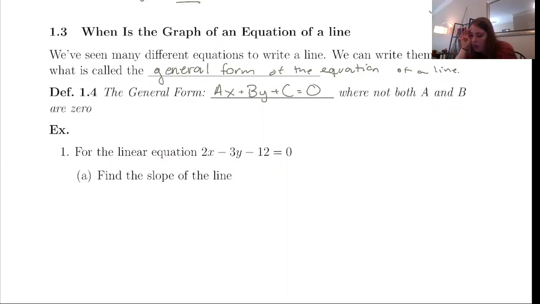And we're told that both a and b are not 0. So, does anyone know why both a and b cannot be 0?